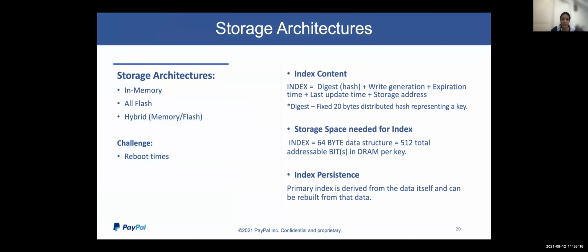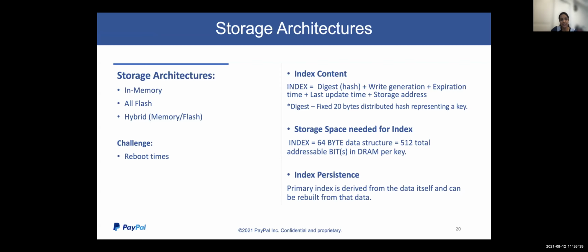So we'll get started with the storage architecture. As we know, Aerospike is a key value distributed database where all the data is stored in key value form. There are three main ways of storing the data in Aerospike: the first is in memory, the second is all flash, and the third is hybrid.